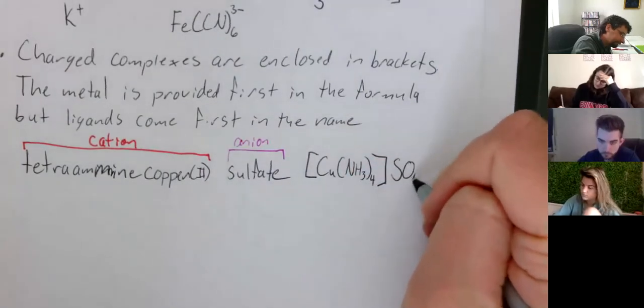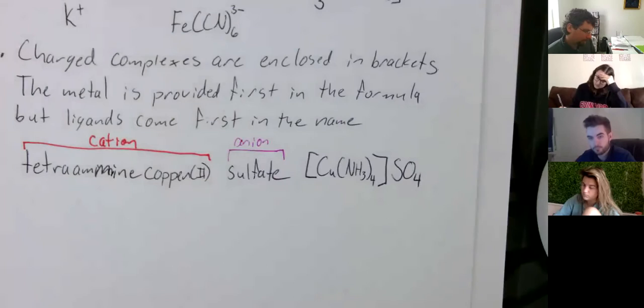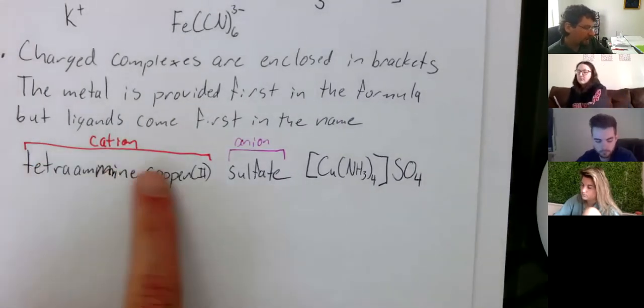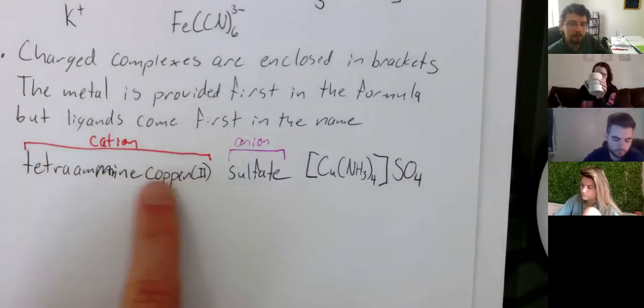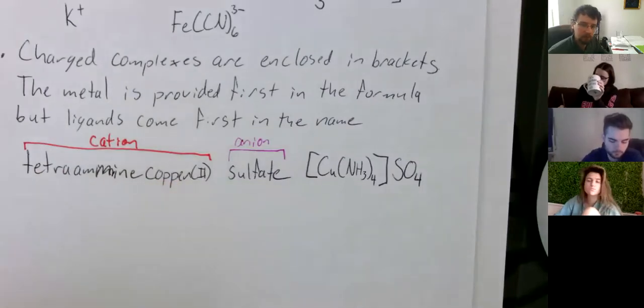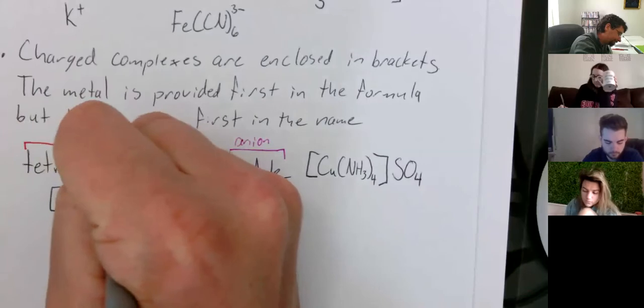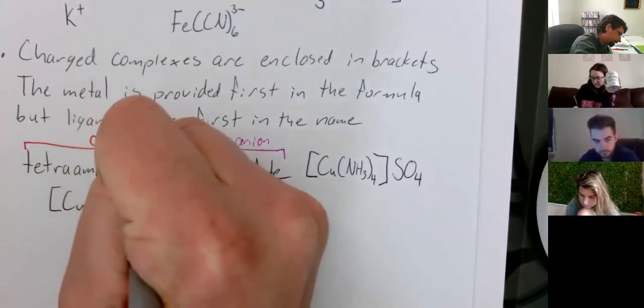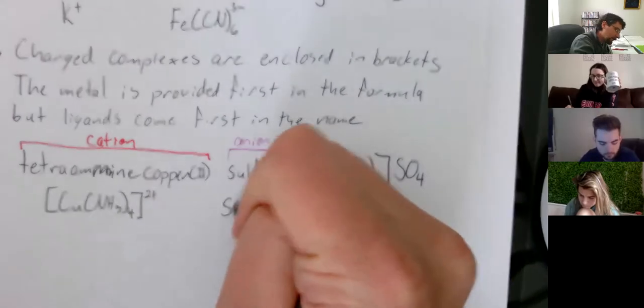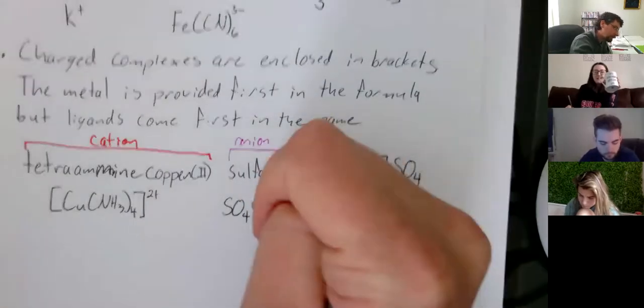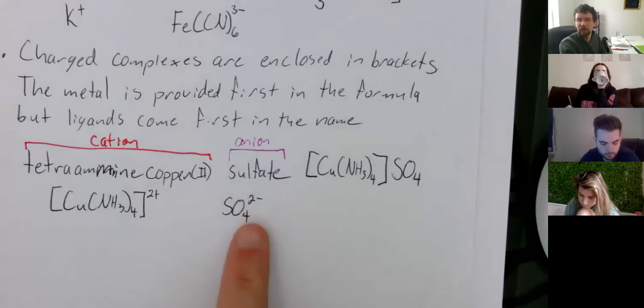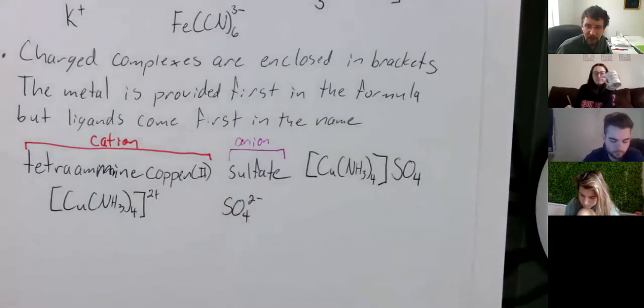Yep. What's the total charge on this system? +2. Yep. And what about the sulfate, SO4? 2 minus. Yep. That one you just have to know, so be familiar with those polyatomic ions.